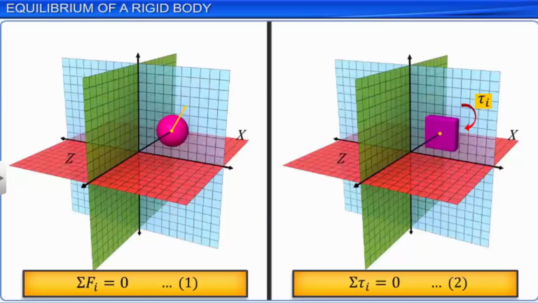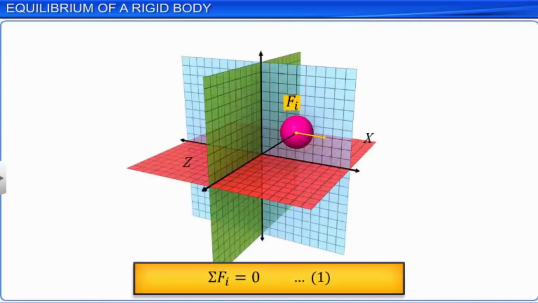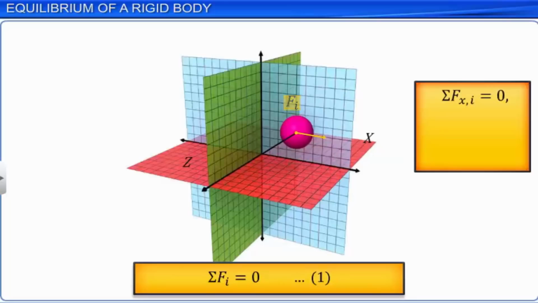In scalar notation, equation sigma Fi is equal to 0 can be written as 3 independent equations: sigma Fxi is equal to 0, sigma Fyi is equal to 0, and sigma Fzi is equal to 0.